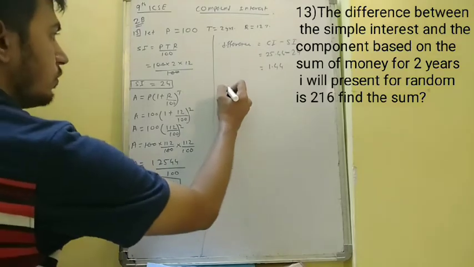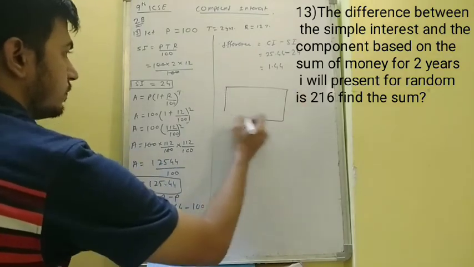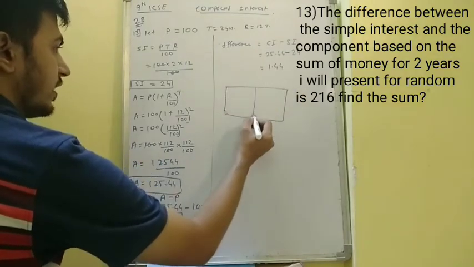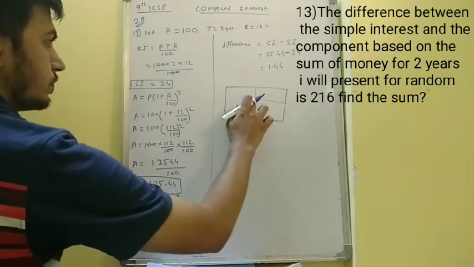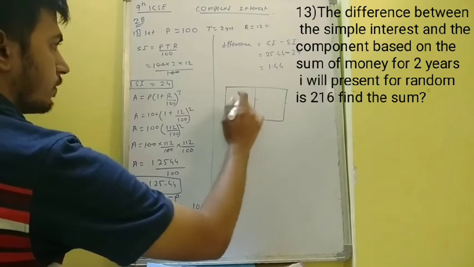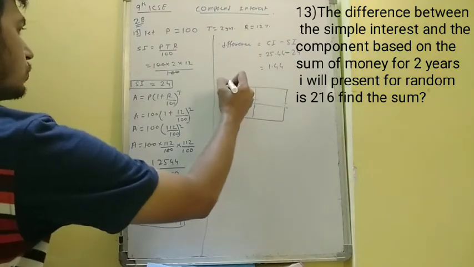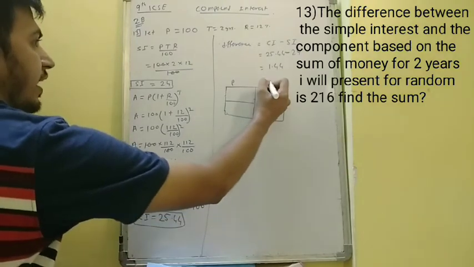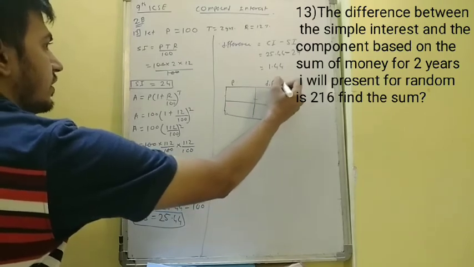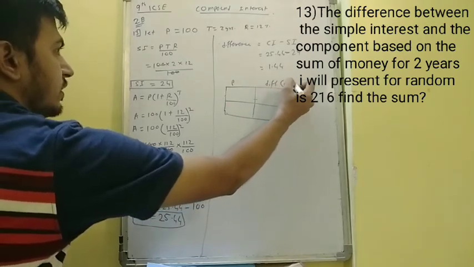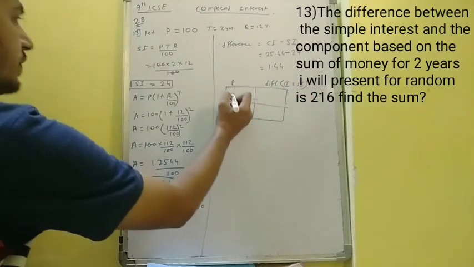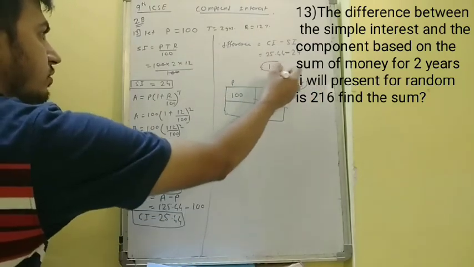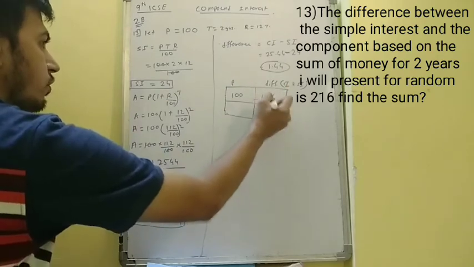Now we can use the ratio proportion to find the values. So principal and difference in compound interest and simple interest. When the principal was 100, the difference is 1.44.